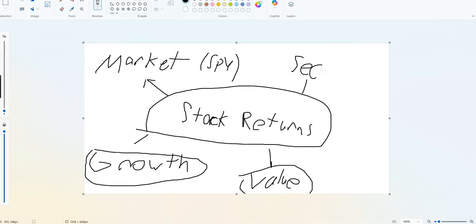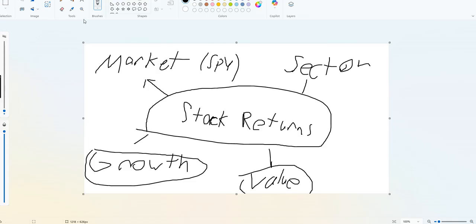Maybe you want a sector proxy as well. So stuff like that. And the point is that you want to decompose your stock returns. It's really not quite explaining stock returns, but that's kind of a simple way to think about it, maybe, which is that you're explaining your returns using these different outside factors.